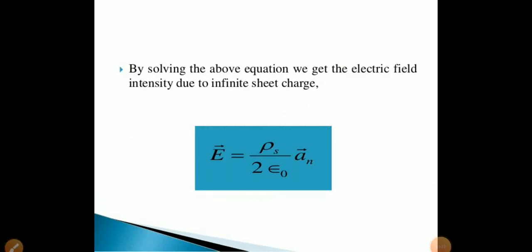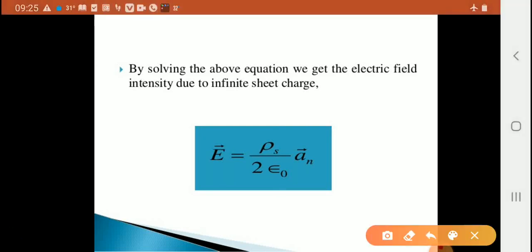By solving the above equation, we get the electrical field intensity due to infinite sheet charges. This is the infinite sheet charges. E equal to rho s upon 2 epsilon 0 and unity vector of an.